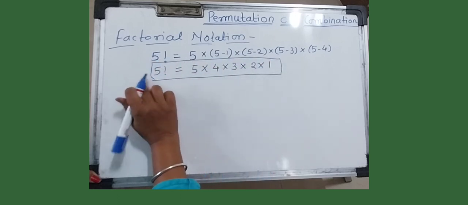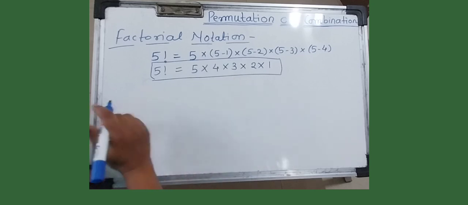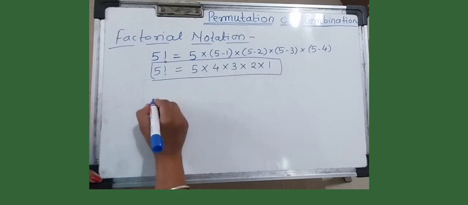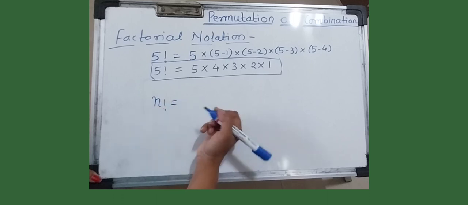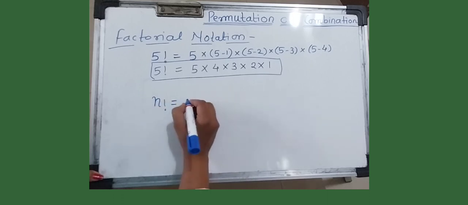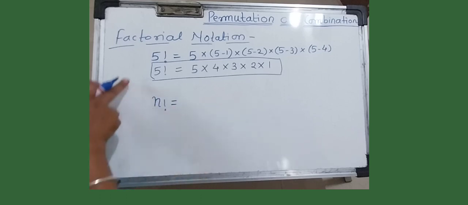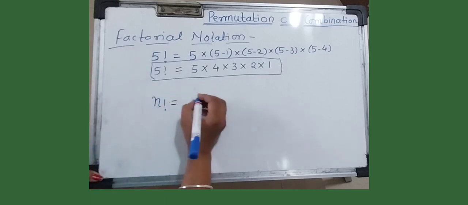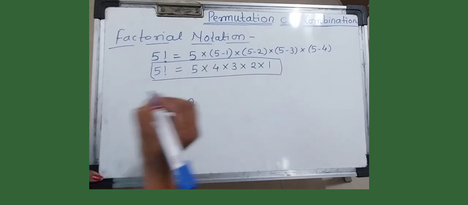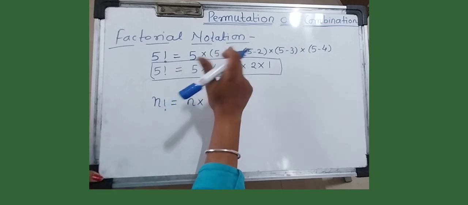Reverse counting. Okay. Clear? Similarly, if I want to find n factorial, so what is the answer? See, n keep as it is, into, what I write here, n minus 1.